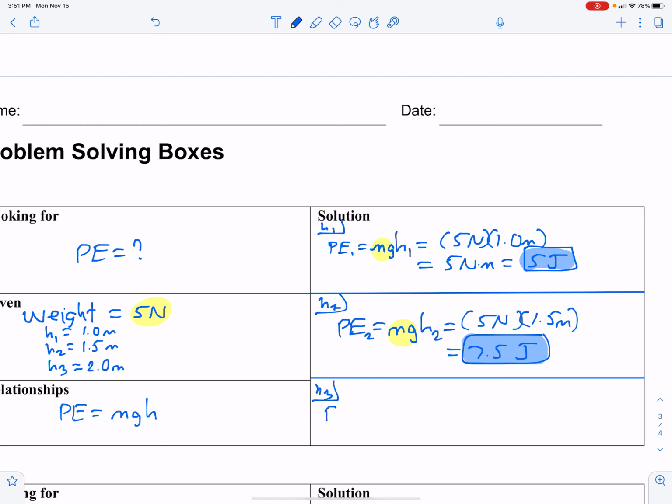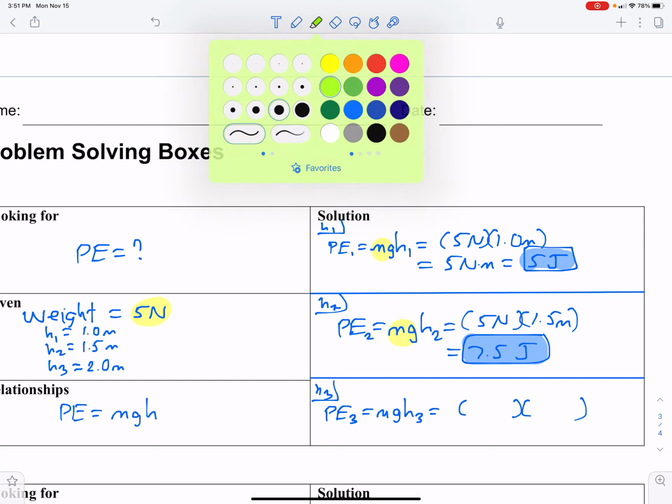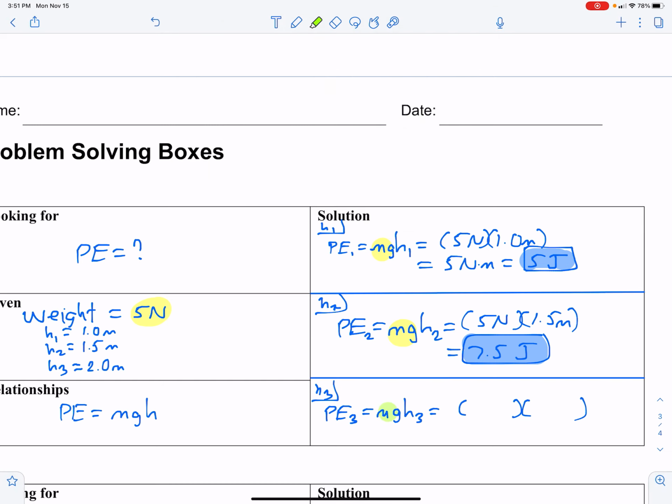And for the third height, we have m times g times h3. Again, we're substituting for mg. So 5 newtons times 2 meters would be 10 Newton meters, or 10 joules.